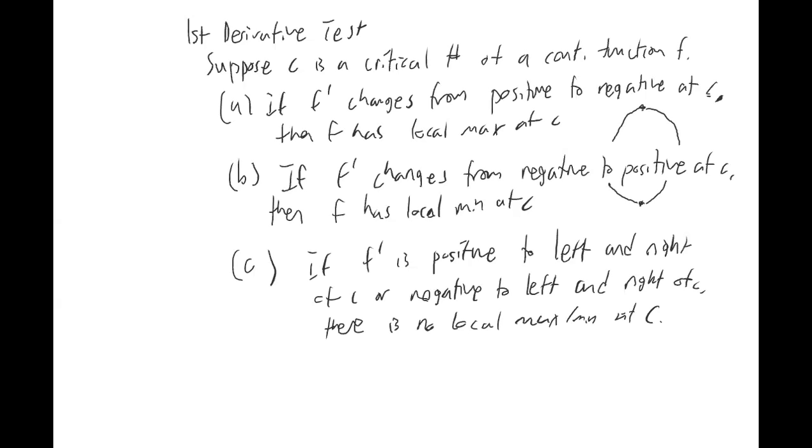And if you're positive both left and right, there's no max or min. The classic example would be f of x is x cubed. The derivative at 0 is 0; you can just check it: f prime is 3x squared, so f prime of 0 is 0.